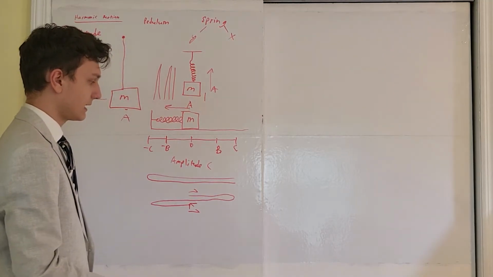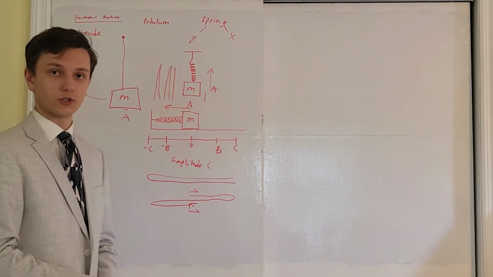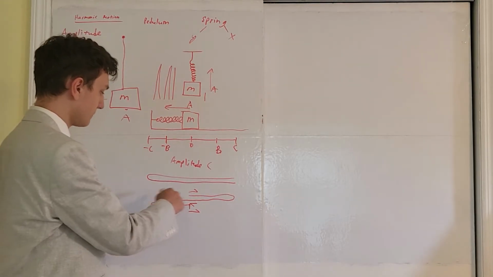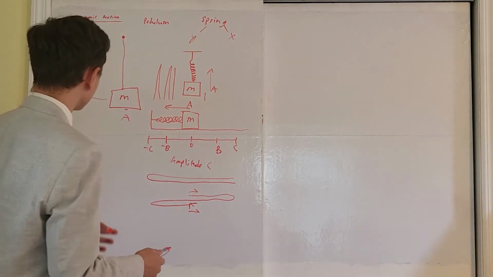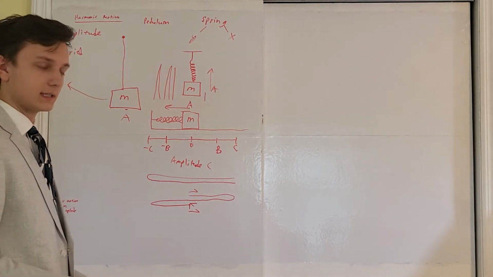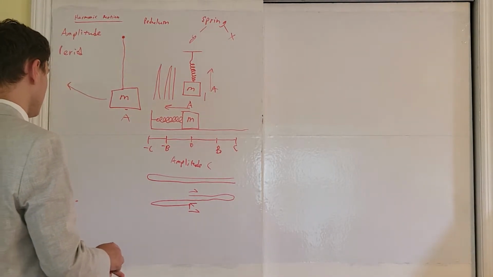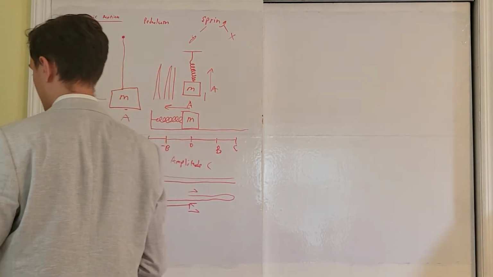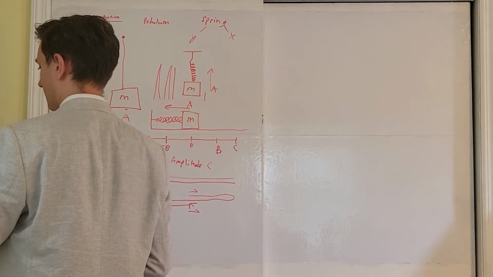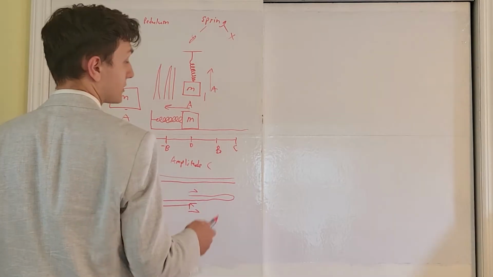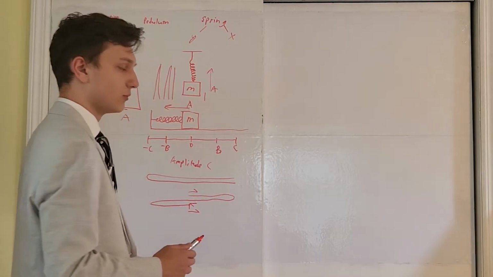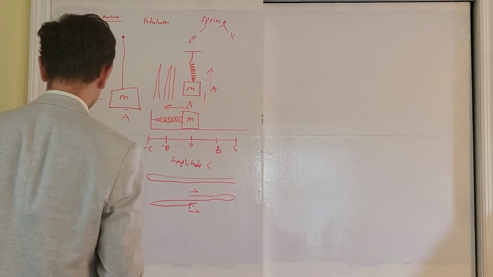And so, like I was saying, the period of oscillation is the time it takes the object to complete one oscillation. So now that we understand the main quantities, let's discuss the equations that we're going to be seeing in this unit, okay? And there are a few new ones. We are also going to be making use of some old ones, like I referenced with amplitude relating to the total energy of the system.